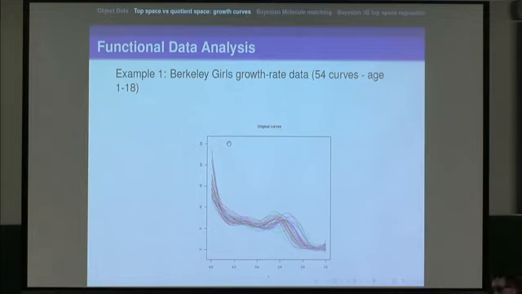It would smooth out a lot of the effects. So it makes sense to take into account some sort of registration of the time before I do my analysis. In this example, the registration is going to be a one-to-one mapping of the time axis, so that we align the features of the growth curves.